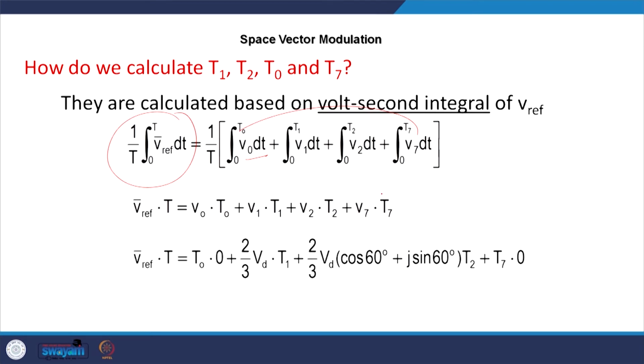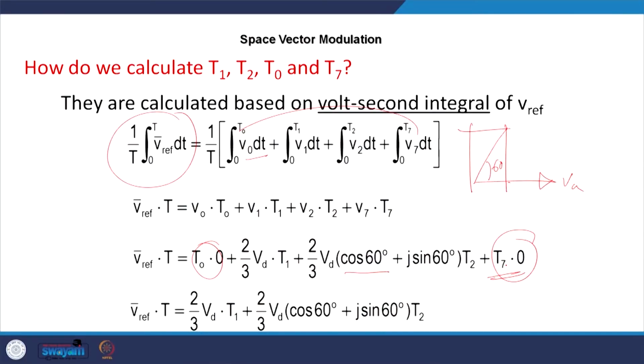Ultimately we require to see that this voltage vector is aligned to VA, and this magnitude is 1/3 of it at 60 degree. So, you have to take the component of it in its direction. For this reason it is 2/3 Vd into T1 plus 2/3 Vd into cos 60 plus j sin 60, and the magnitude will be, plus T7 into 0.